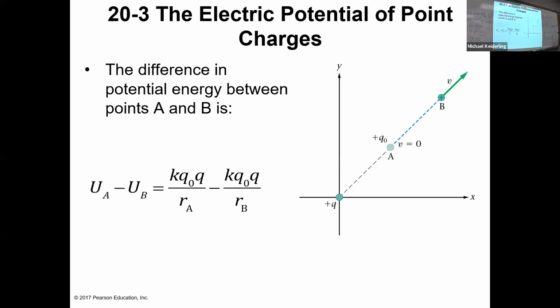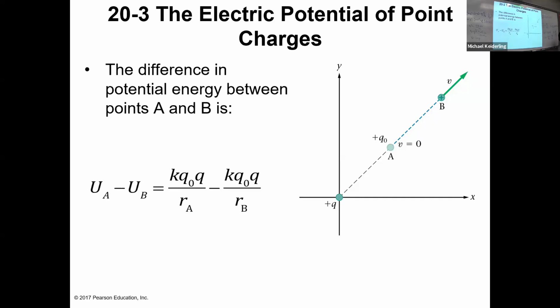Well, the potential energy difference between points A and B related to a point charge is going to be K Q naught Q over radius A minus K Q naught Q over radius B. You can take the force and basically integrate over the force to get the potential energy, and you'll get this formula.